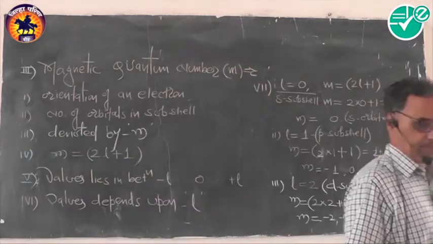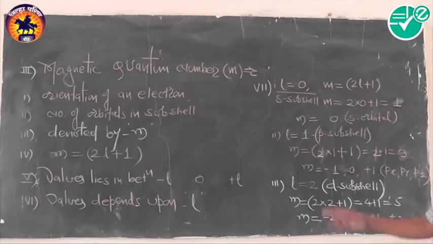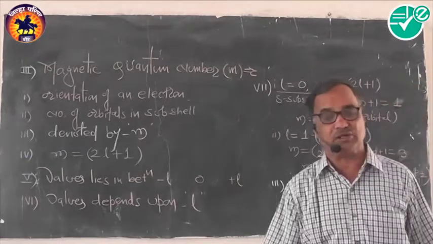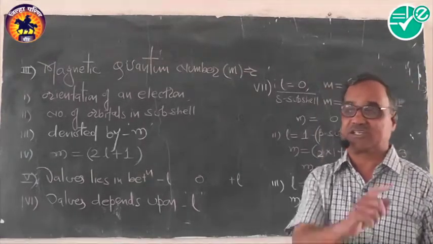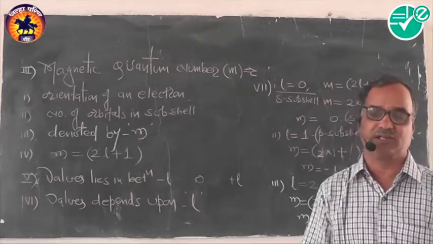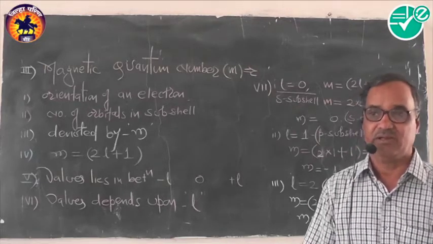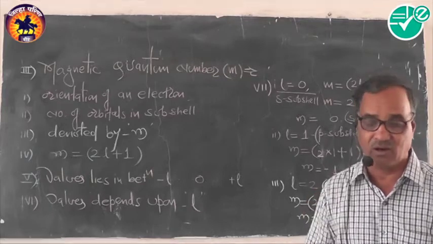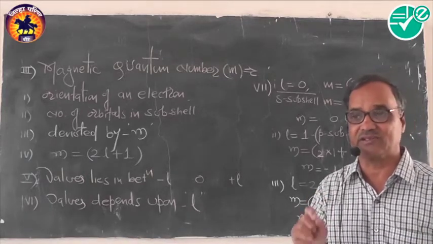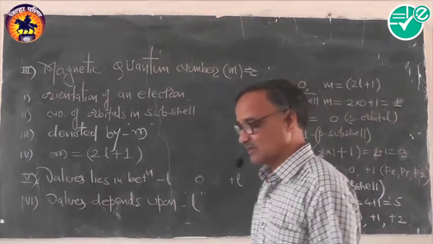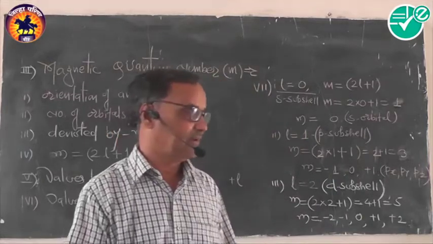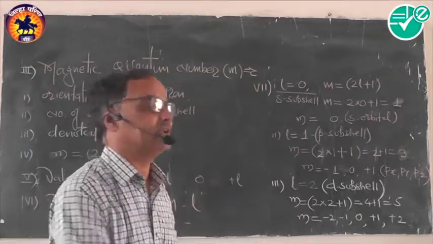What is the second one? This quantum number gives the number of orbitals. This is the position of an electron in the sub-energy level, and an orbital is the space or region in the sub-energy level.